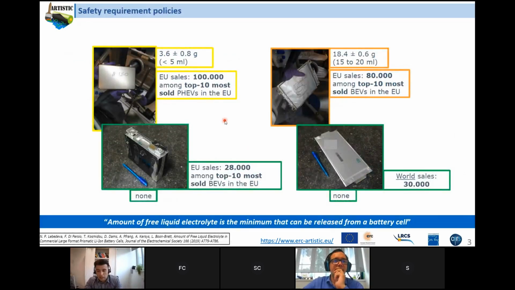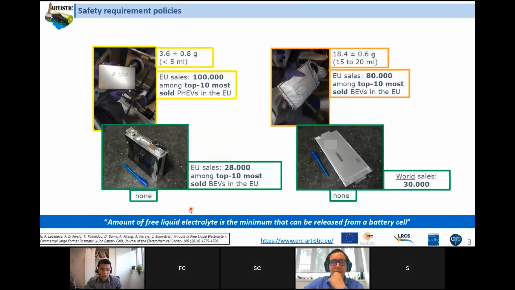Basically, when I started my PhD 3 years ago, there were not many studies on the electrolyte infiltration step, probably up to 5 publications. But recently, over the last 3 years, the number of publications on the electrolyte infiltration step has increased. Of course, it's because of the increase in the number of factories producing batteries, but also because some safety policy requirements were introduced. Before, they didn't exist, but now there are new regulations such as in the European Union.